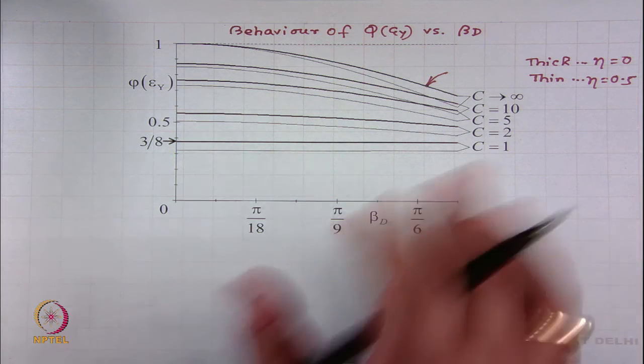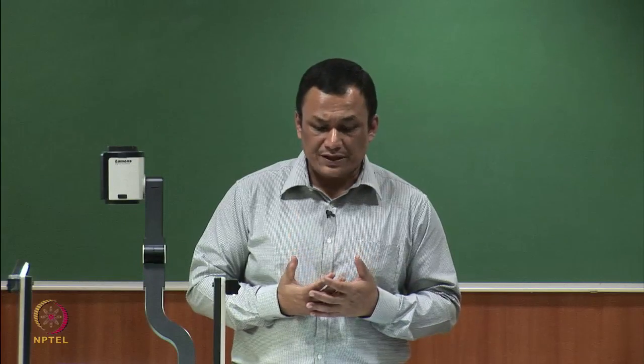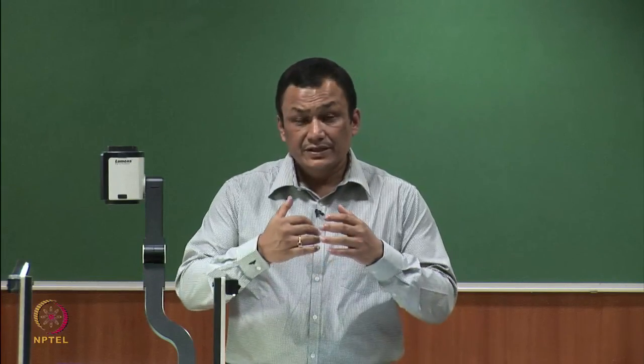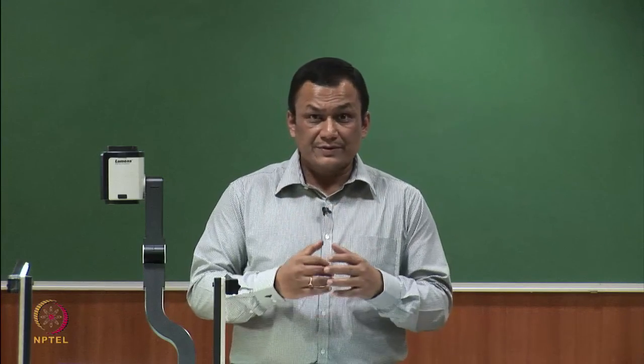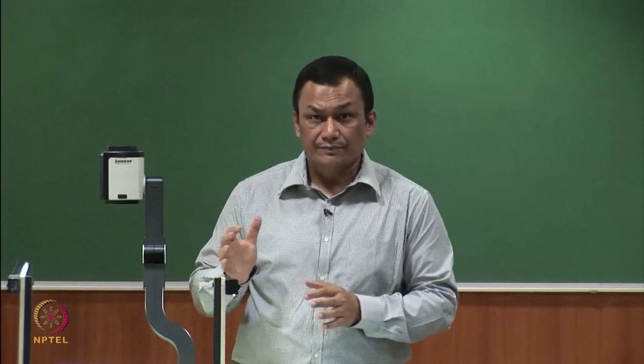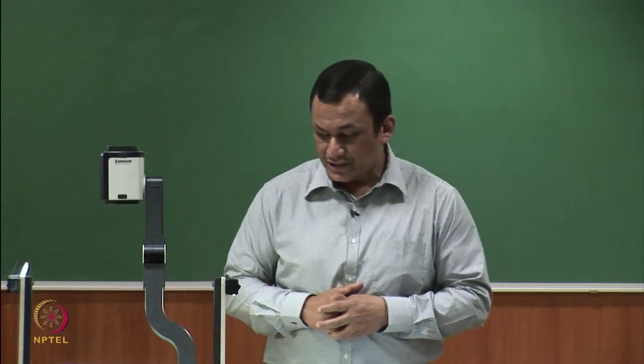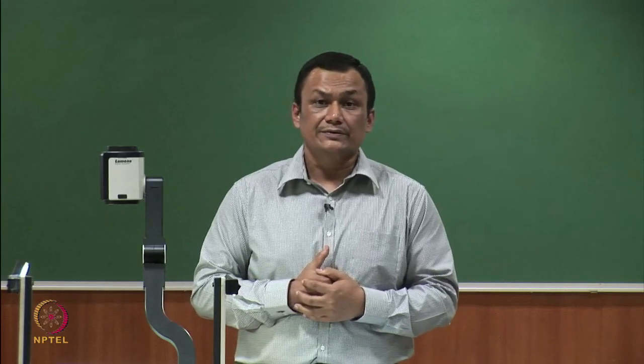What we see here is that as the level of anisotropy in yarn is reducing, that means from C tends to infinity to C tends to 1, the coefficient of fiber stress utilization in yarn is also decreasing.